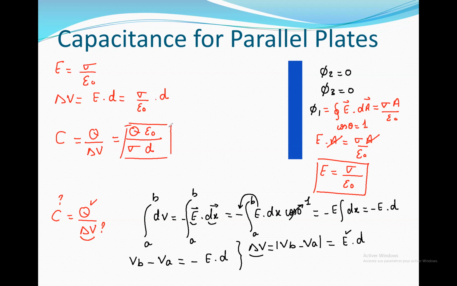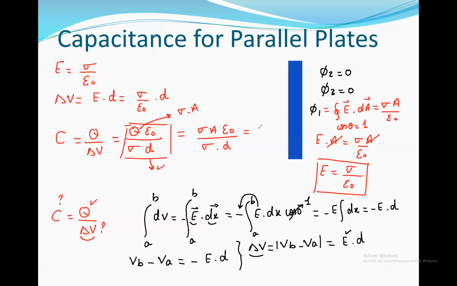Here we can substitute the value of Q. You know Q equals sigma times A. You can take this value of the capacitance, and also you can write the capacitance in terms of A. So we get sigma A epsilon 0 divided by sigma d.